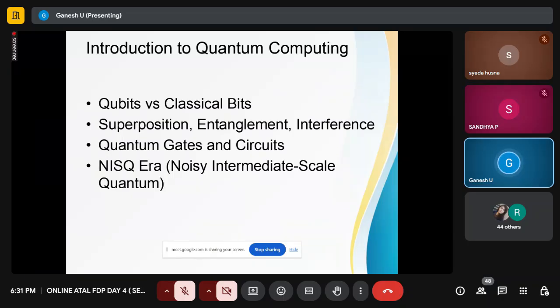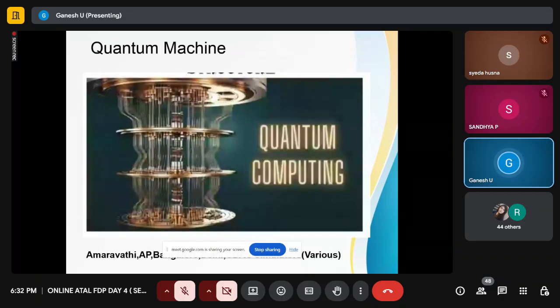The next term, quantum, means it exploits quantum properties such as what we discussed: superposition, entanglement, and interference. All these properties come under quantum. That's why it is called noisy intermediate-scale quantum, NISQ. This is a real-time quantum machine.